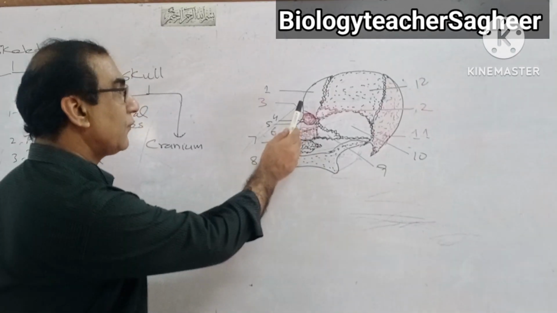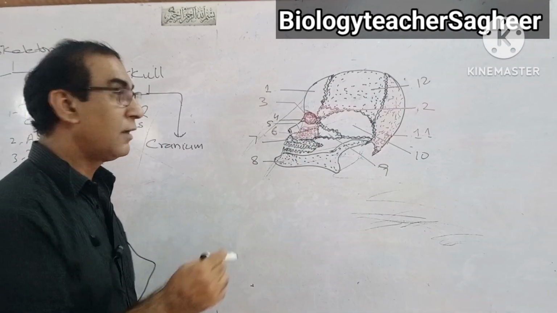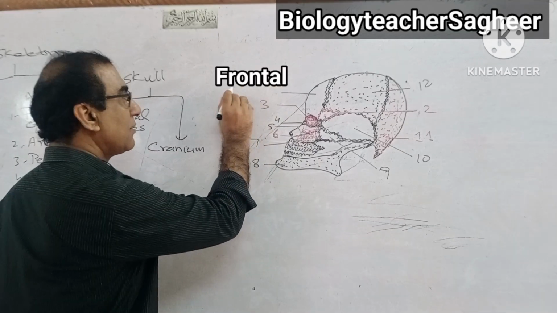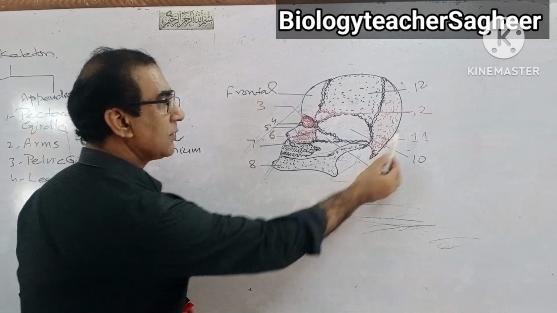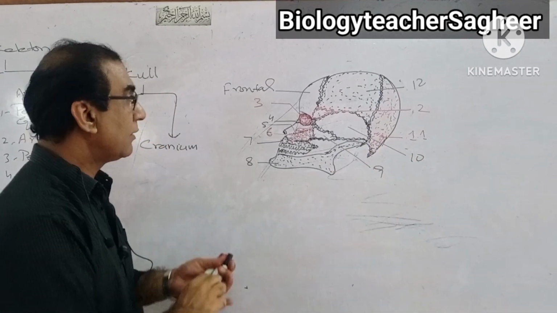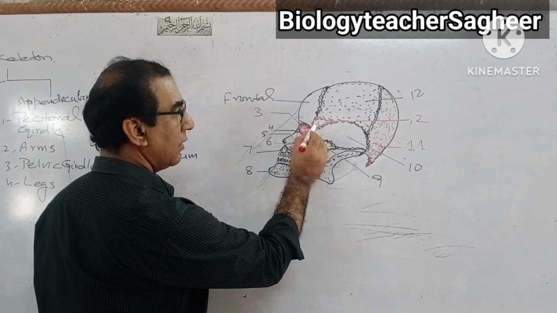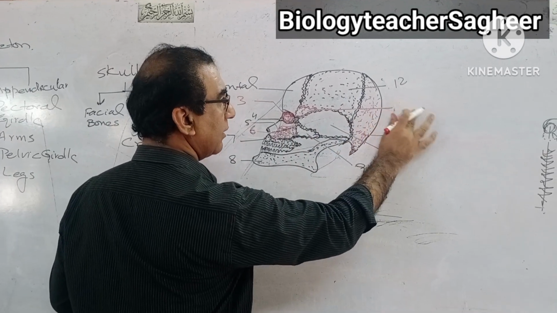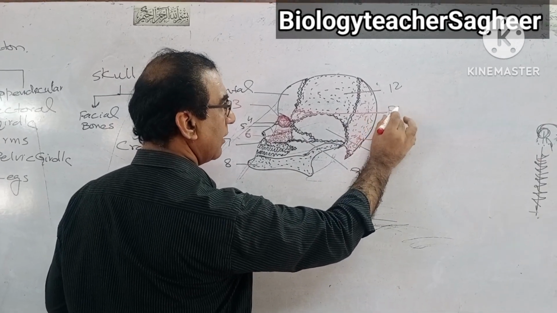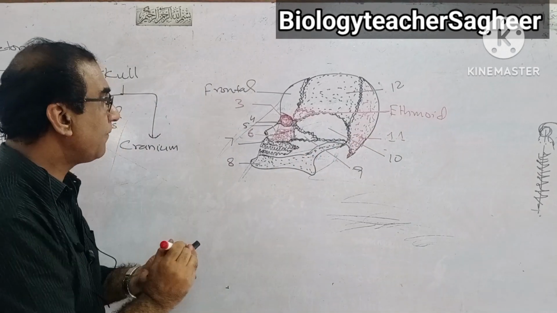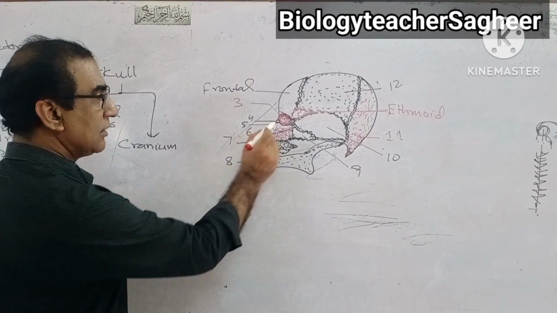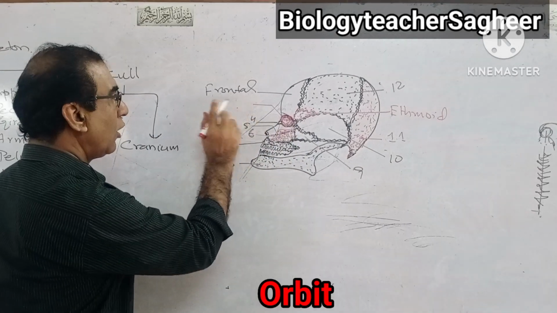What is the name of this bone? Frontal. What is the name of this bone? Ethmoid. What is the name of this fossa? This orbit.